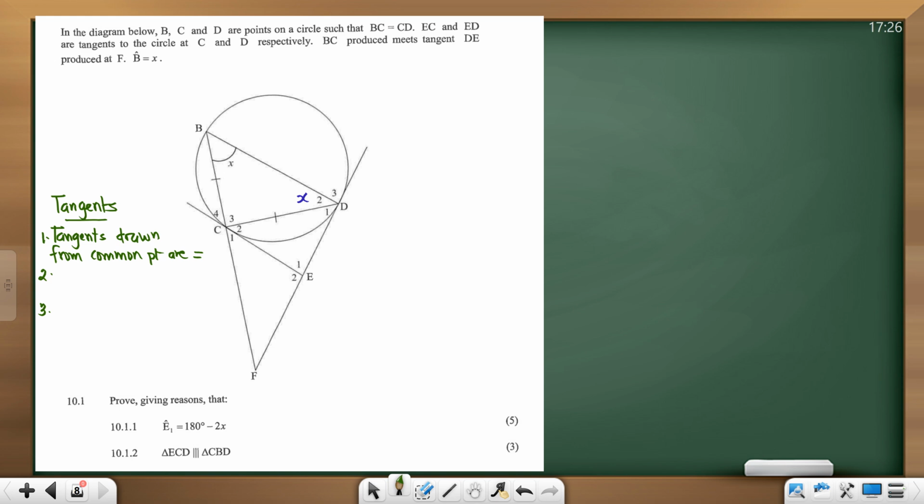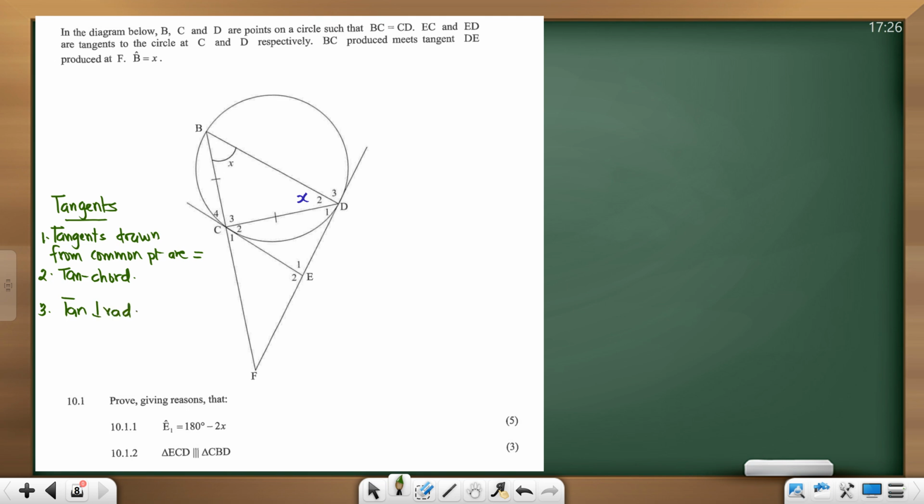Come on, speed. Thank you, Lindo, you're such a star. The tangent-chord theorem. Next. There are 3 of them. Let's revise, what's the third one? All right, tangent perpendicular to radius.